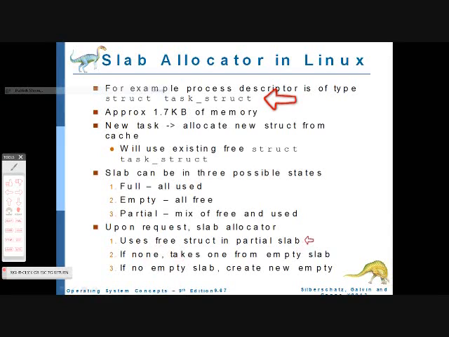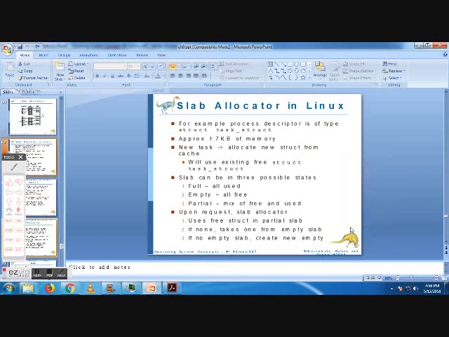If there is none, then the slab allocator takes one from an empty slab, and if no empty slab is available, then the slab allocator creates a new empty slab for this request of the process for further memory references.